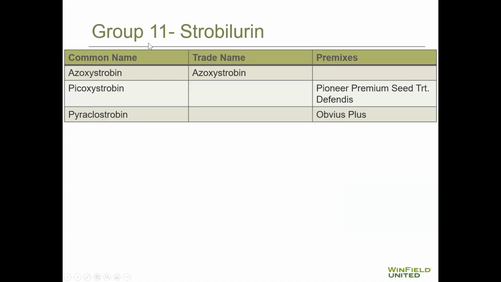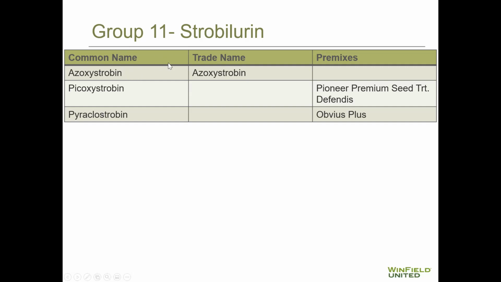Okay, other options, you've got group 11s. So azoxystrobin, very common, picoxystrobin and pyraclostrobin. Really, guys, the strobilurins work okay in seed treatment. In fact, some of them are very, very good, especially azoxystrobin, especially if you're looking at picking up some of the Pythium or some of those issues that we might see out in the field.